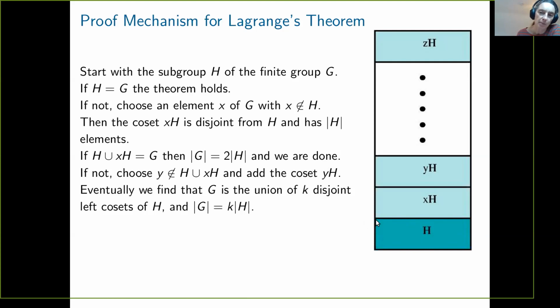But if the subgroup H is not all of G, that means that there's some element of G that isn't in H. And if we look at the left coset generated by that element, the assertion is that that left coset is certainly not the same as H because it includes the element X, which isn't in H. But the claim, and this is what still has to be proved in the next installment, is that the coset XH is disjoint from H. It has no elements in common with H. And the number of elements that it has is the order of H. That part is relatively easy to see because the elements of this left coset are just found by taking all the elements of H and composing each one on the left with the element X. And that certainly will leave us with the same number of elements that we started with.